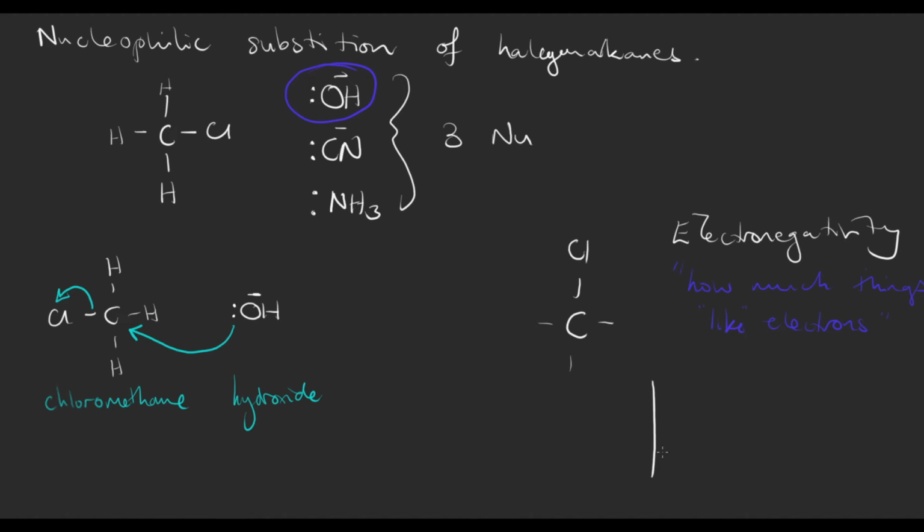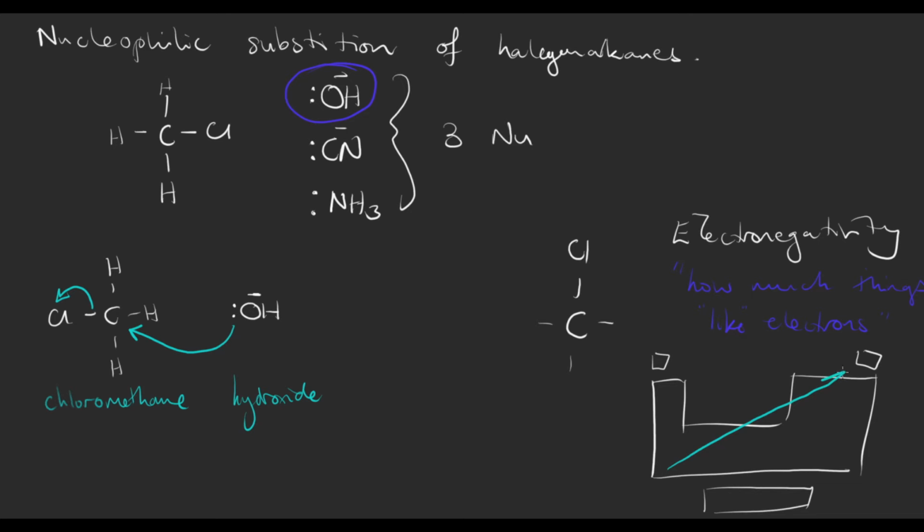Now, if you think of the periodic table, which I'll just do a quick sketch of here, it looks something like this, doesn't it? Electronegativity increases from the bottom left to the top right.